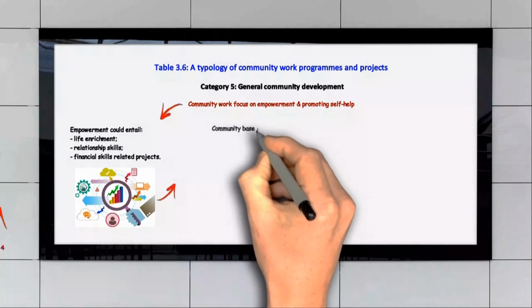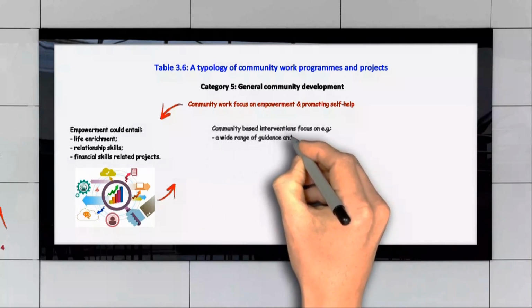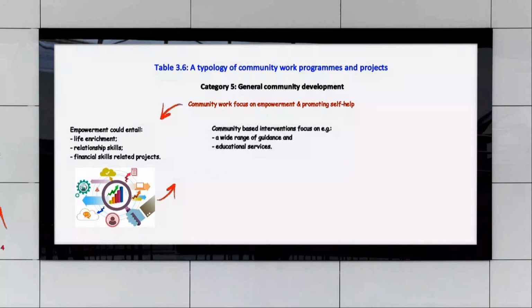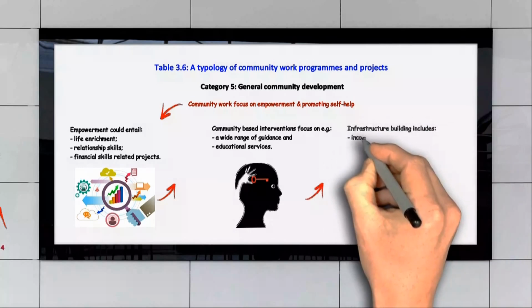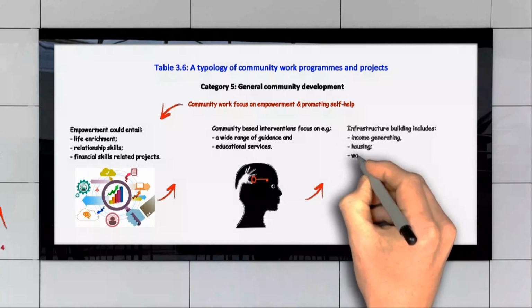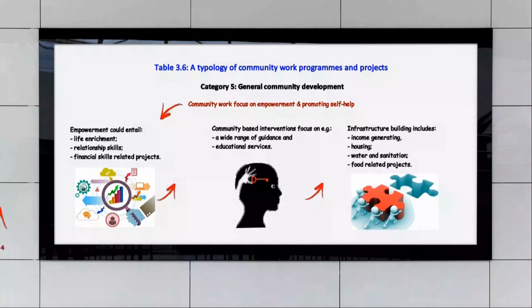In the case of community-based interventions, the focus would be on a wide range of guidance and educational services. And finally, infrastructure building could cover a wide range of income generating, housing, water and sanitation, and food-related projects.